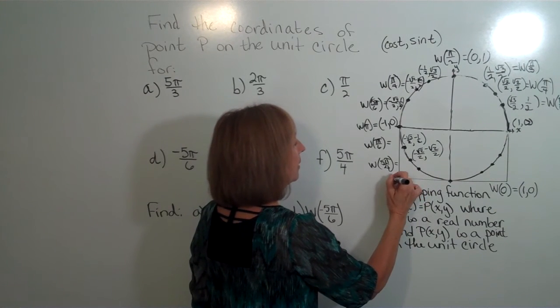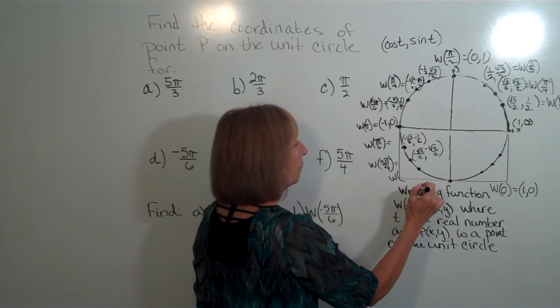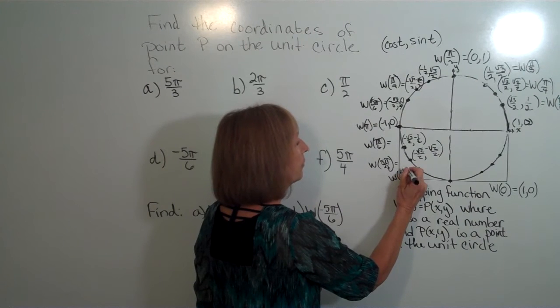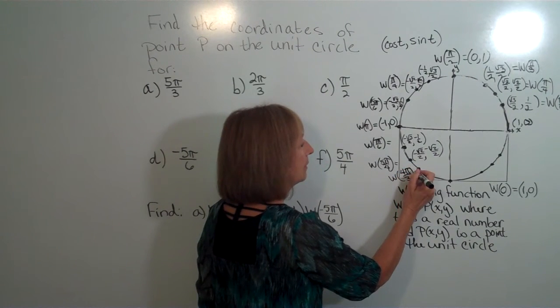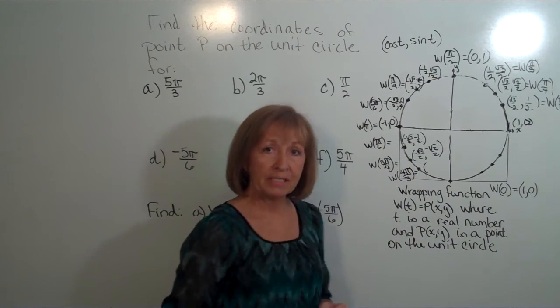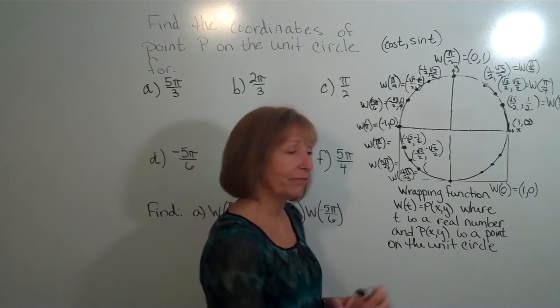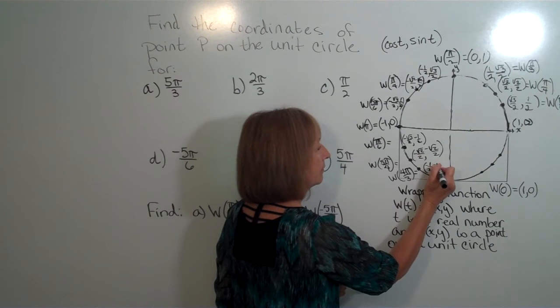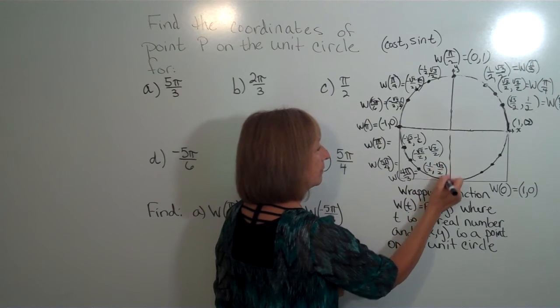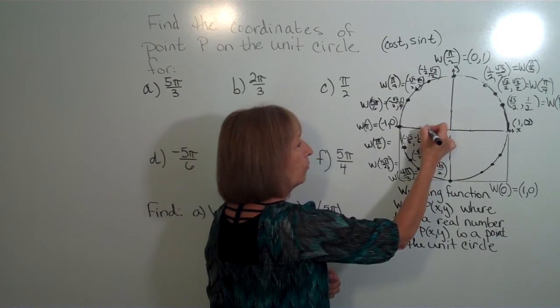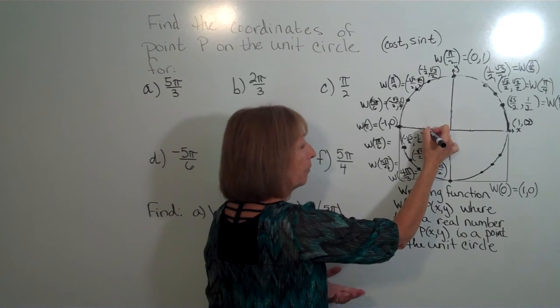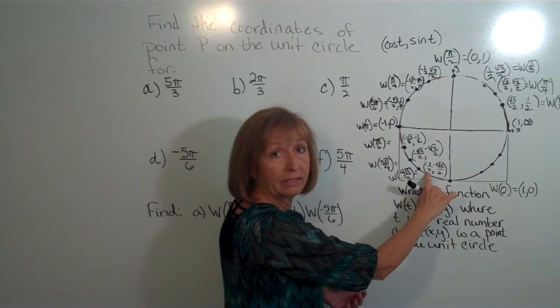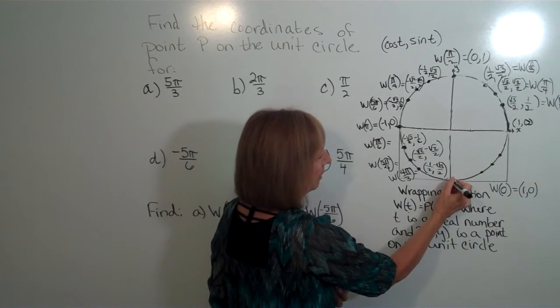And then here, this is the wrapping function for 4 pi over 3. And that's going to be negative a half, comma, negative square root of 3 over 2. I have over a little, left a little bit, down a lot. So that's why it's going to be that ordered pair.